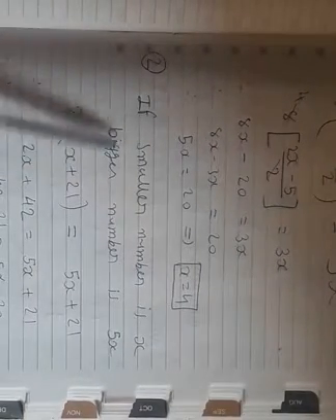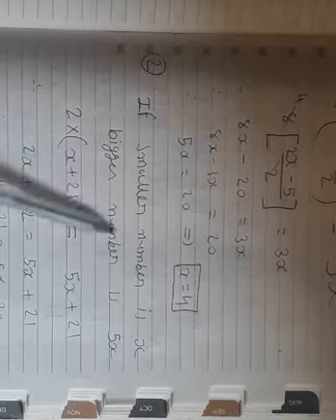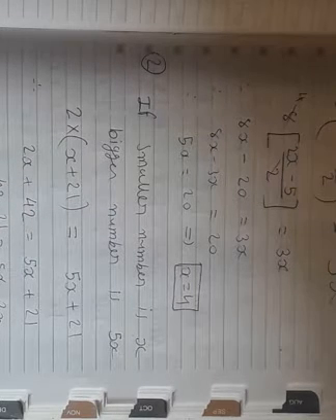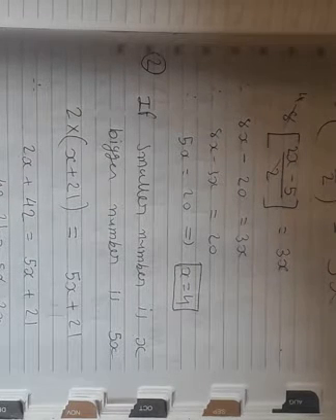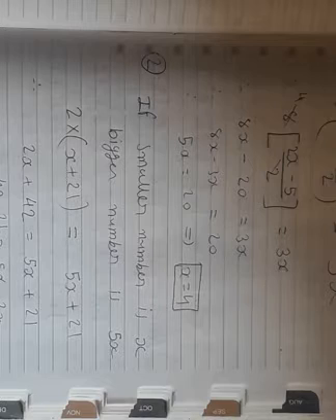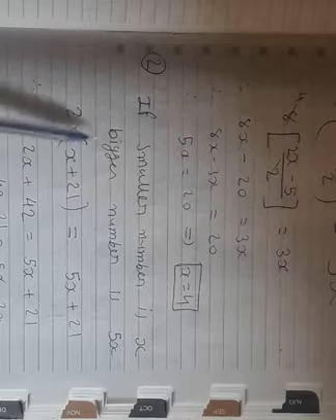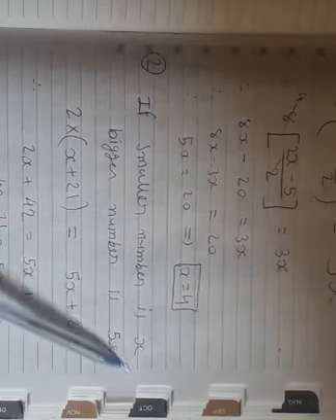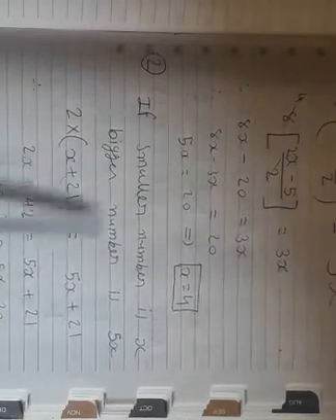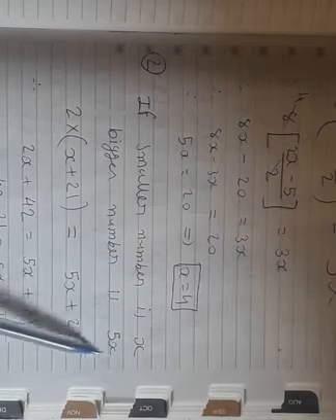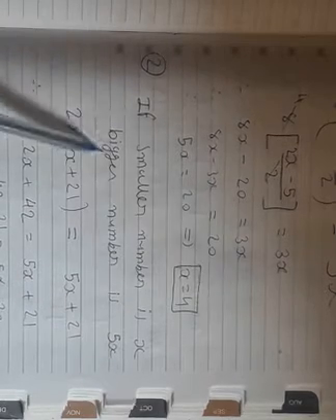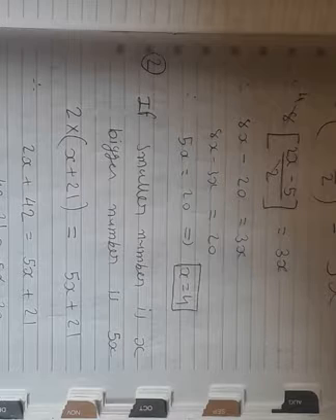See here, suppose that the smaller number is x. Now it is clear from the question that a positive number is 5 times the other number. So we can say suppose the smaller number is x, then the bigger number will be 5 times that smaller number, so the bigger number will be 5x.